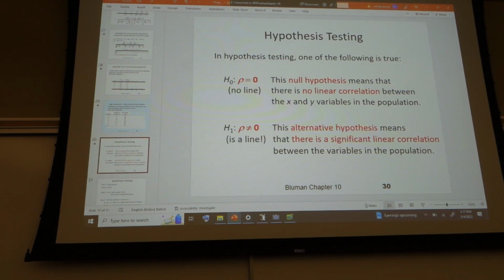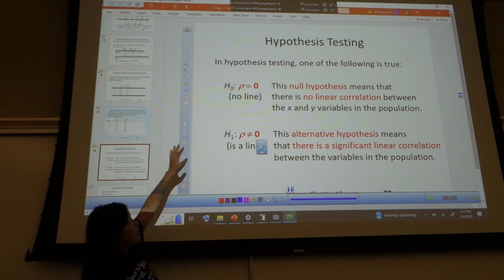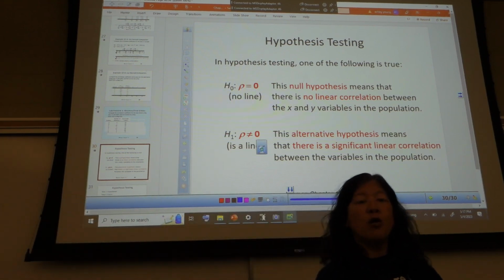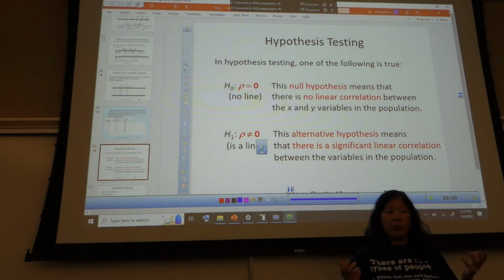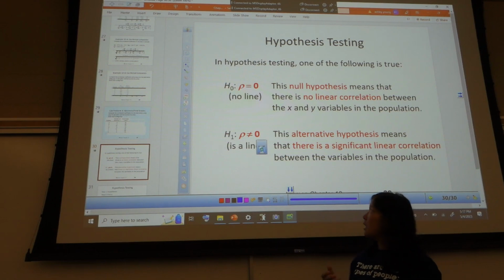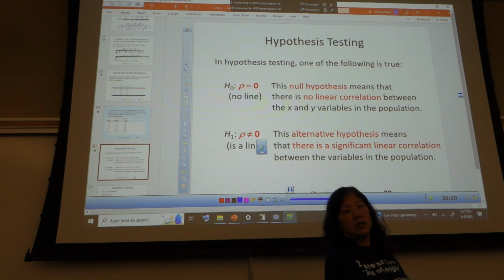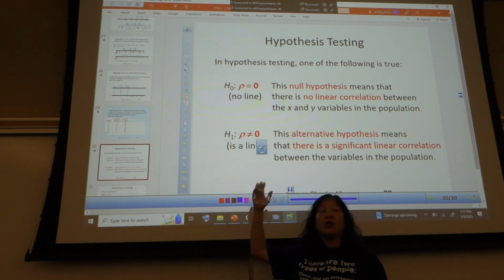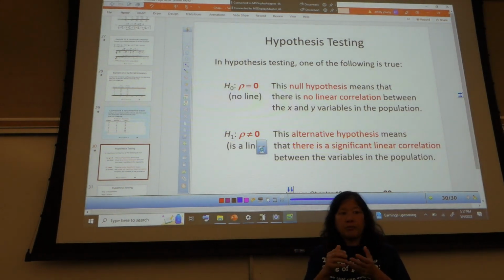All right. So hypothesis testing. We have our null hypothesis. We are at the top of page 77. The null hypothesis is always no something, H sub 0. So no something, in this case, no line. Everybody on board? So it's not a line. And H naught is always, always, always equals, in this case, rho equals 0, because 0 would be when it's not a line.